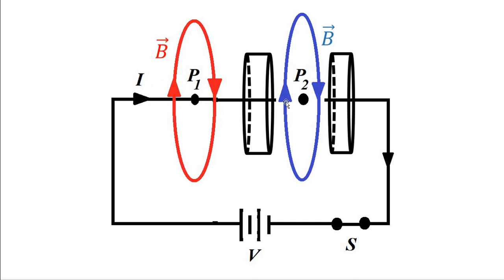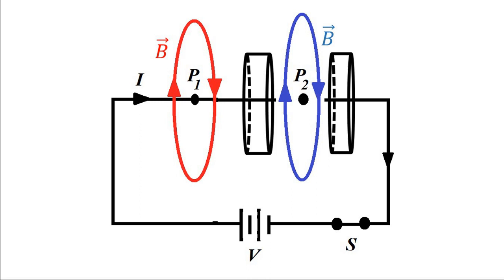Now, the point where all the confusion started is point P2, in between the two capacitor plates. At that time, the thinking was that there is no current flowing from this plate to the other plate.